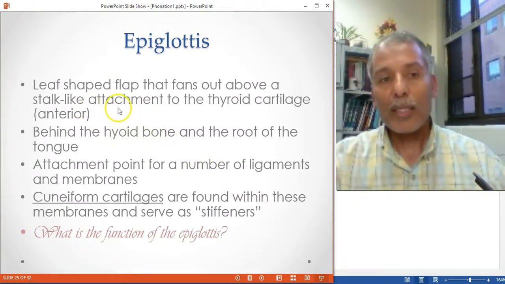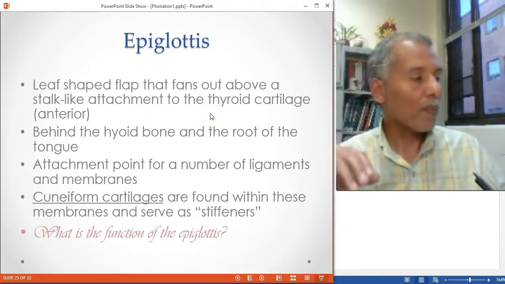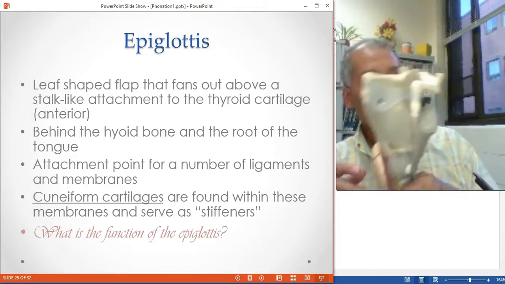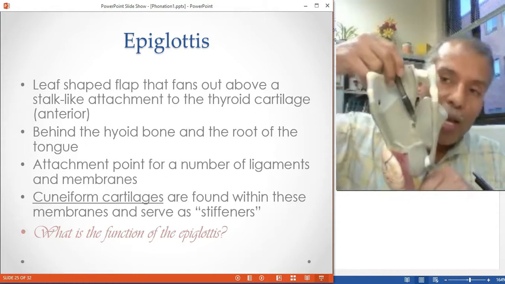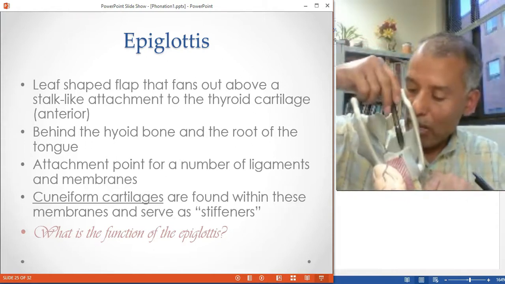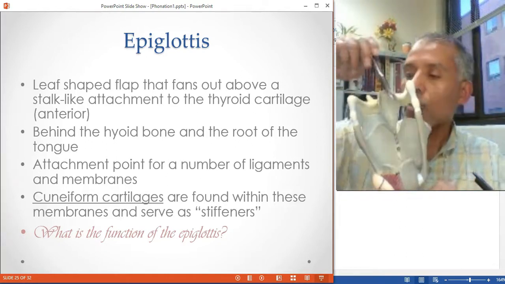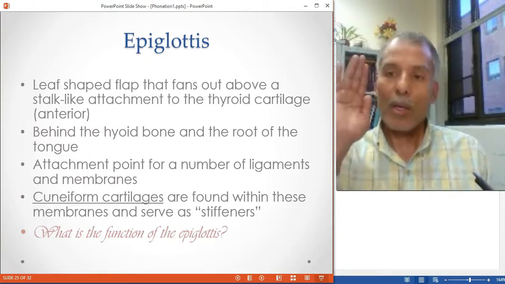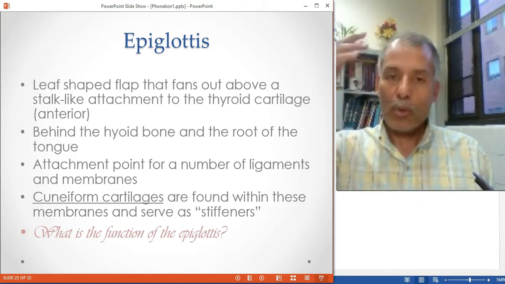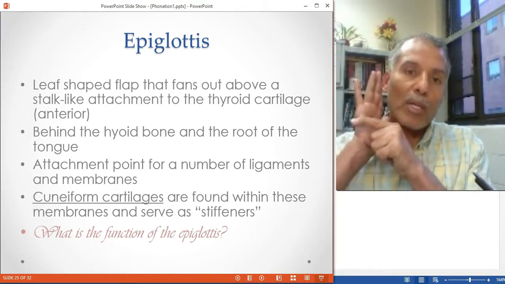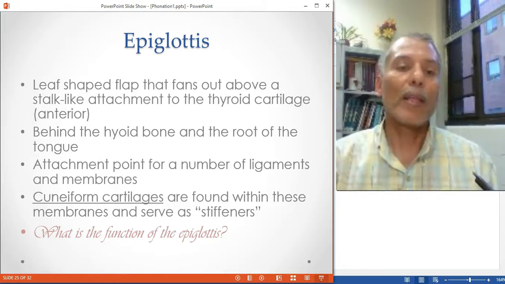So again, the epiglottis, as I explained, is a leaf-shaped structure that originates beneath the thyroid notch on the anterior surface of the thyroid cartilage, and it rises, and when food or liquid comes in, as soon as the swallow reflex triggers, it is going to tip over and protect the entire airway beneath it.